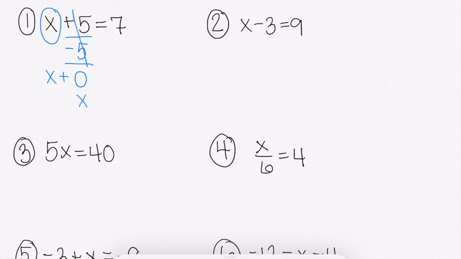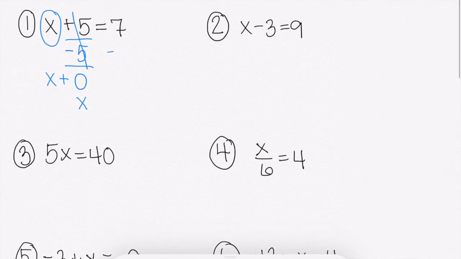But like you saw, our equations are like a scale. If you do something to one side, it's no longer going to be balanced or equal. So we have to do the same thing to the other side. What did we do to the left side? We subtracted 5. So what are we going to do to the right side? Subtract 5. Which 7 minus 5 would get us 2.